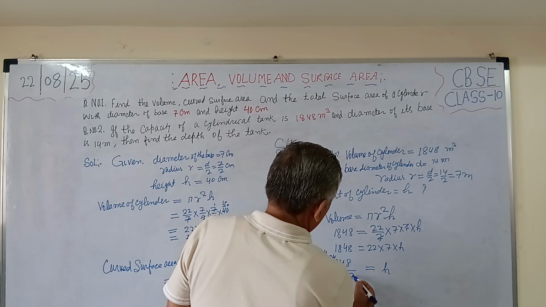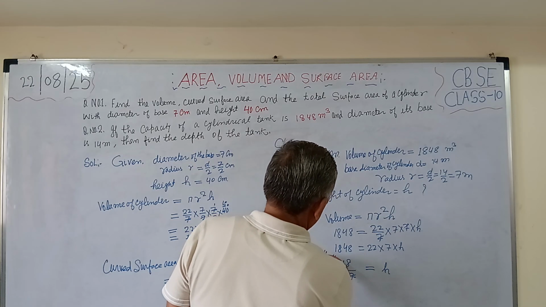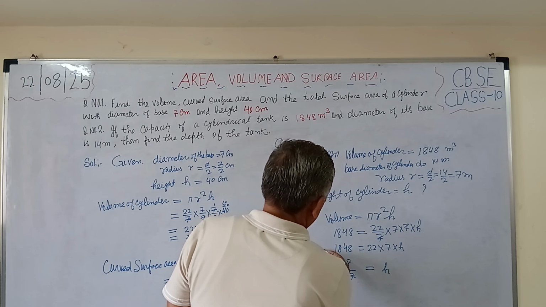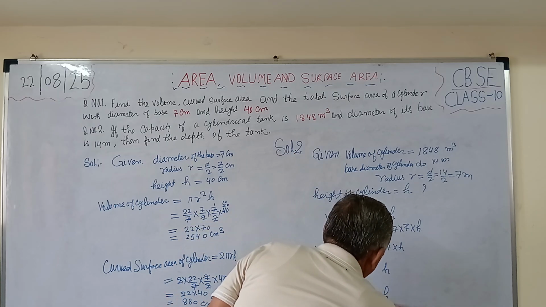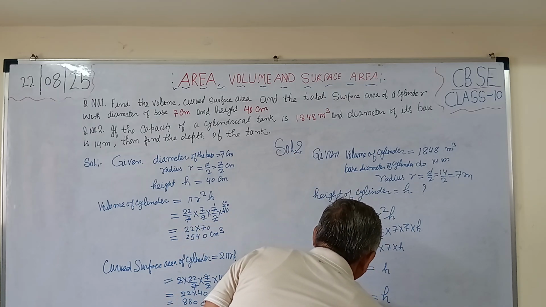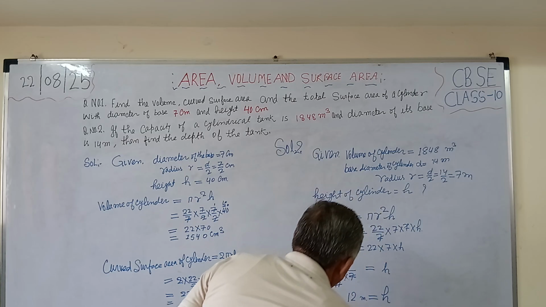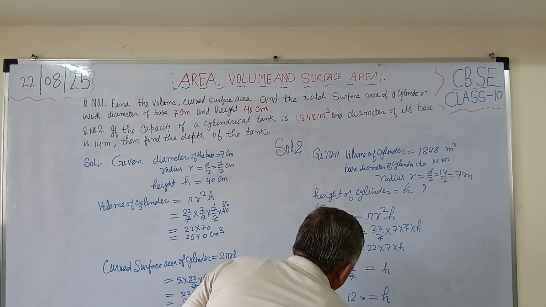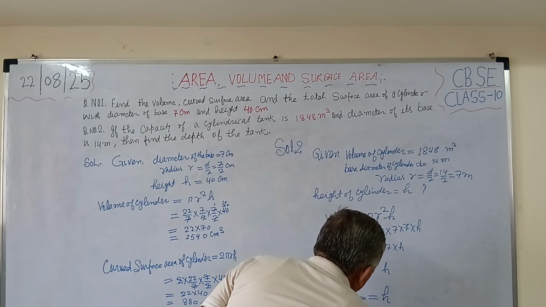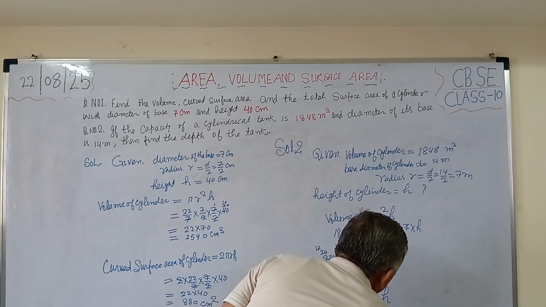Now this can be cut with 7, that is 12 7s are 84. So our height comes out to be 12 meter. So answer is height H of the cylinder is 12 meter.